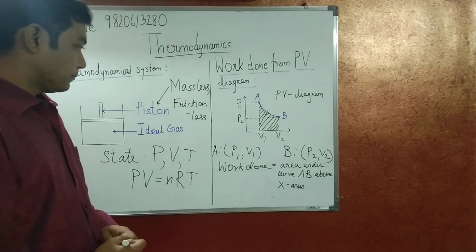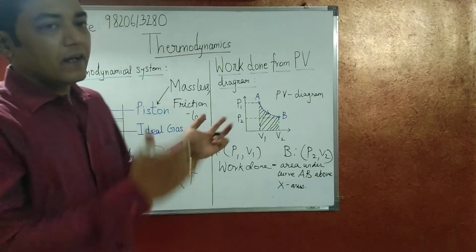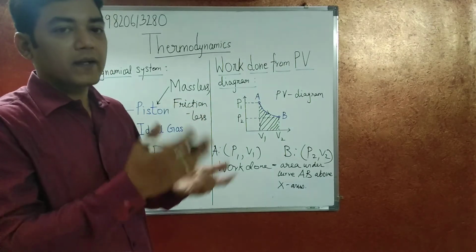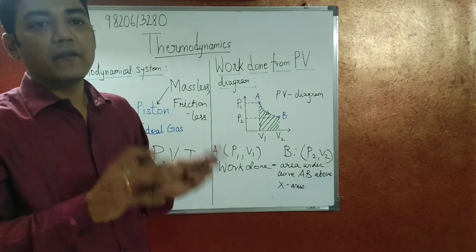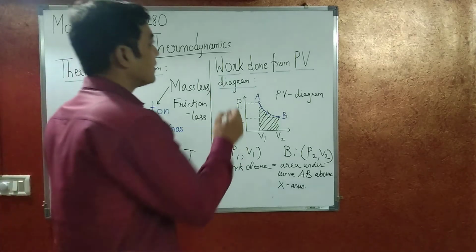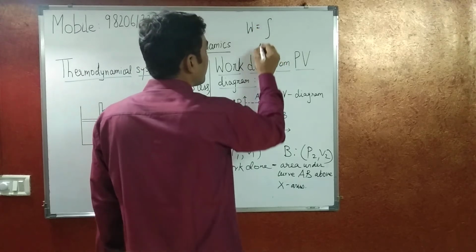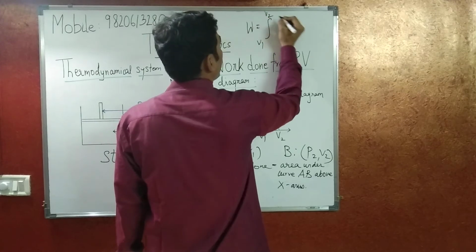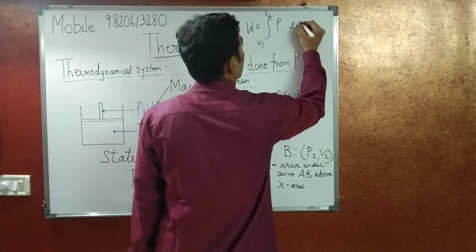There is one more formula. Let's say a thermodynamic system is undergoing a change, and the volume is changing from V1 to V2. In that case, the work done will be W equals the integral from V1 to V2 of P dV.